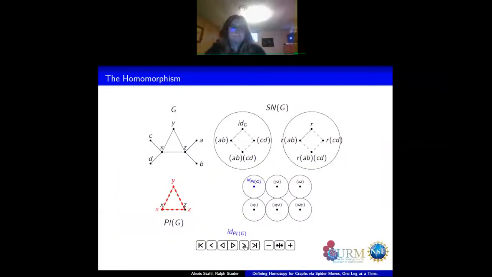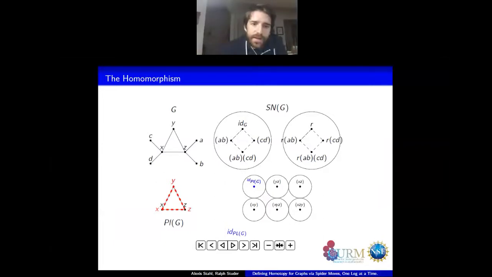So looking at an example of that, we can see that we send G to pleat G with a rho.